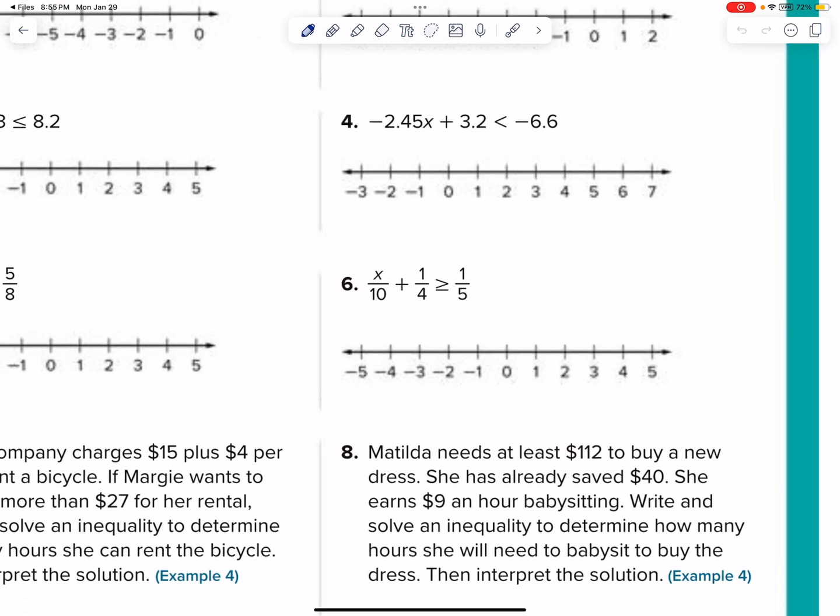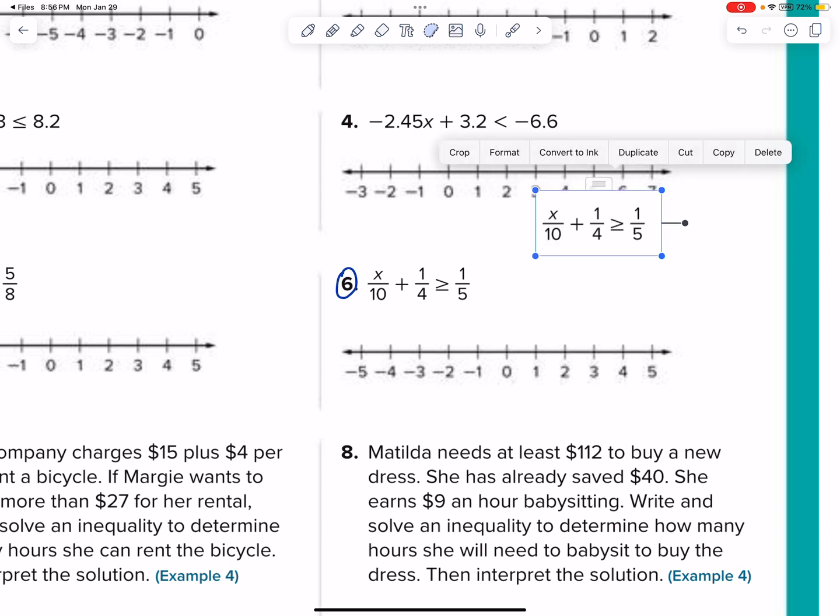So let's go to 6 and solve this out. You may not have all the space you want. I wish they put this a little bit higher. If you want, you could always lasso them and paste it up a little bit higher to do the work, and that would be fine. So maybe do that.